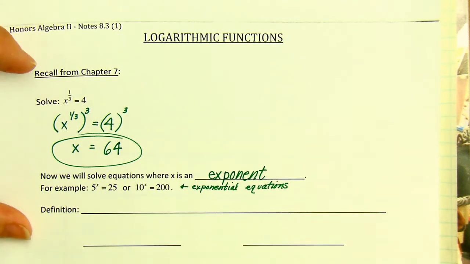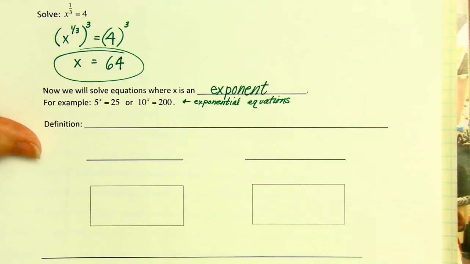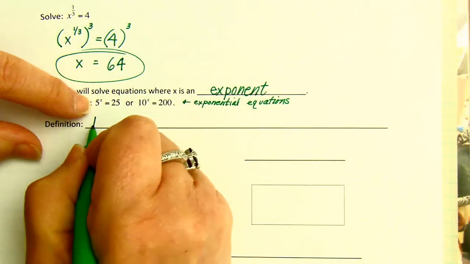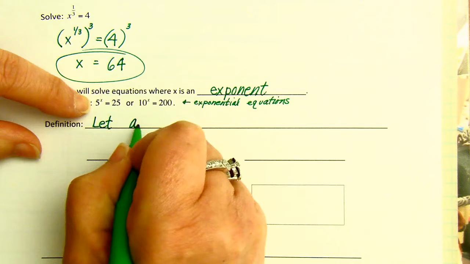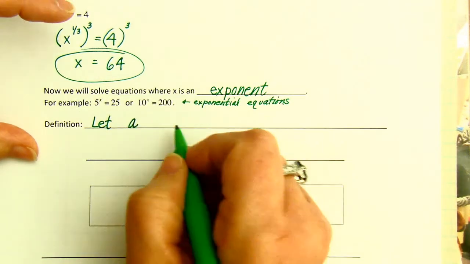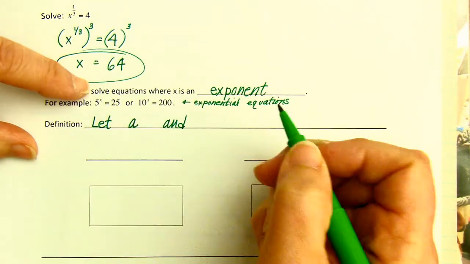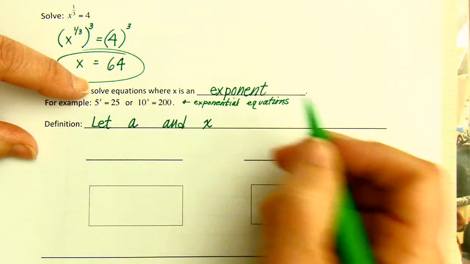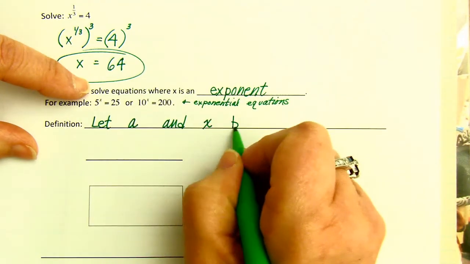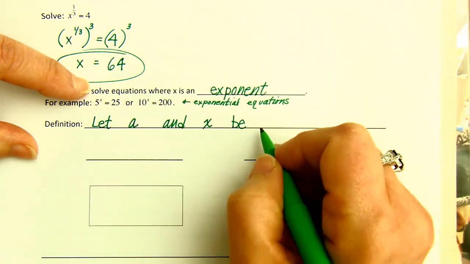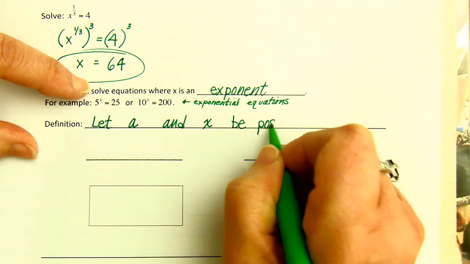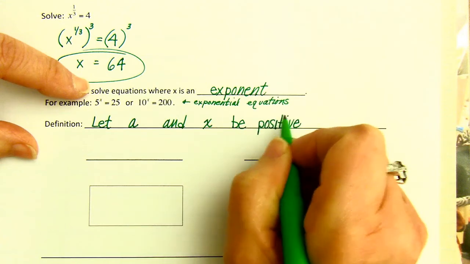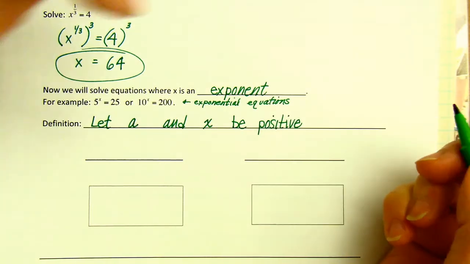All right. Definition. Let A and x be positive numbers.